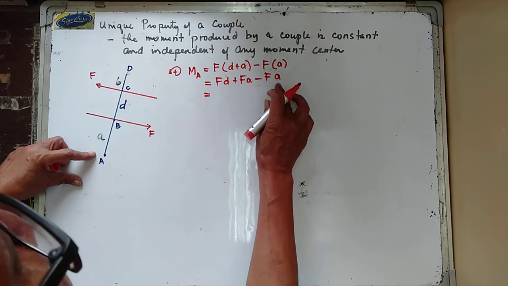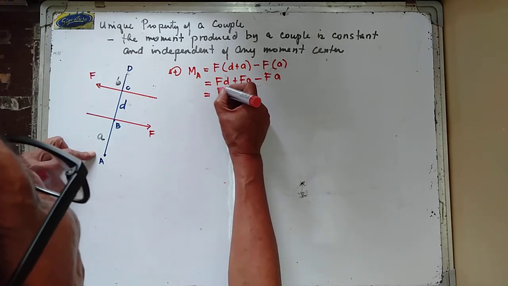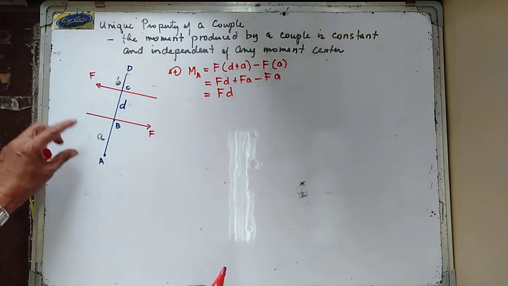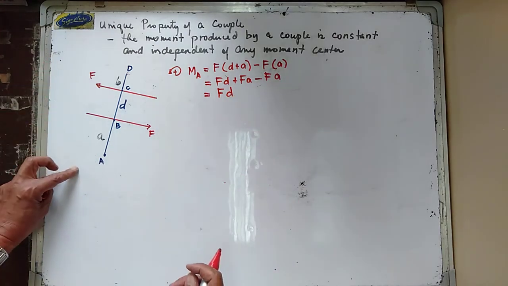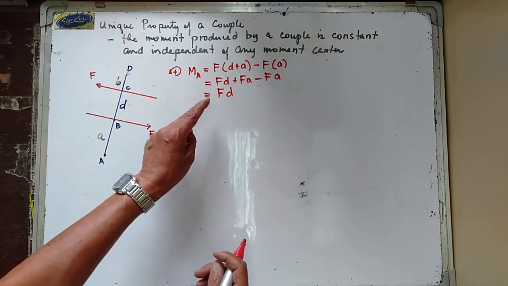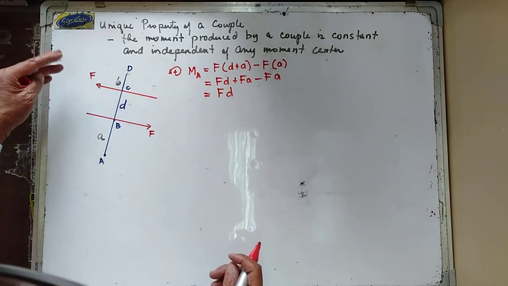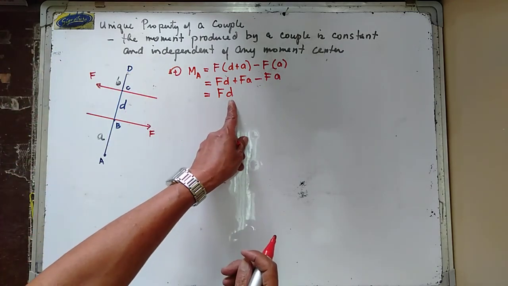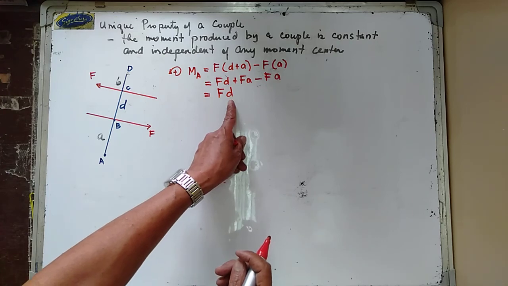So positive and negative cancel out. The moment produced by this couple about point A is equal to the magnitude of one of the forces composing the couple, multiplied by the perpendicular distance between their lines of action.